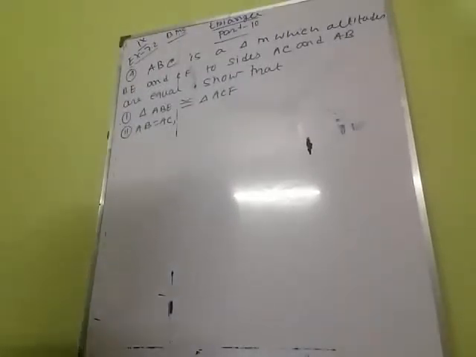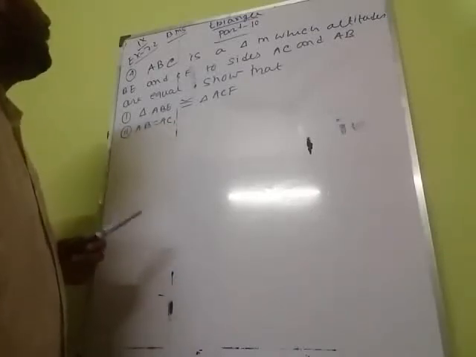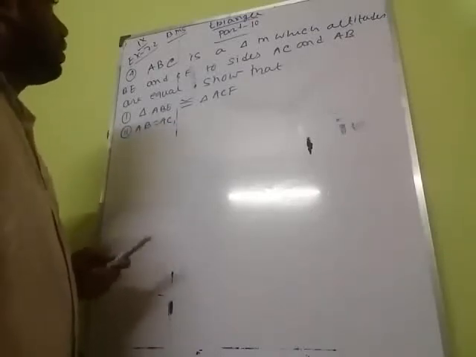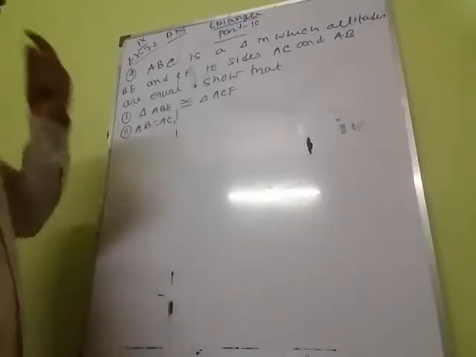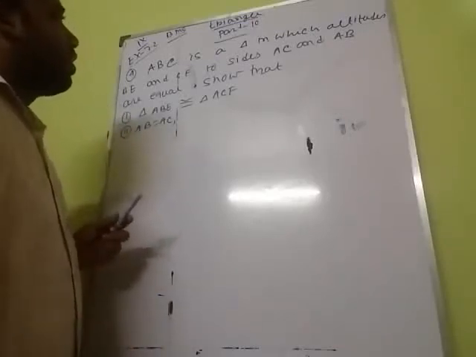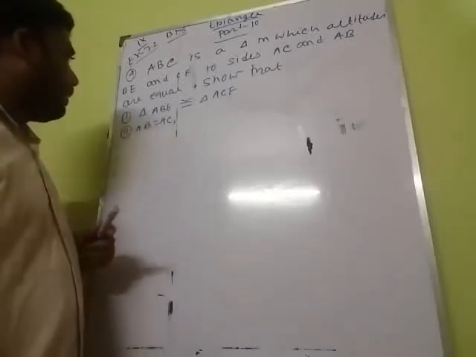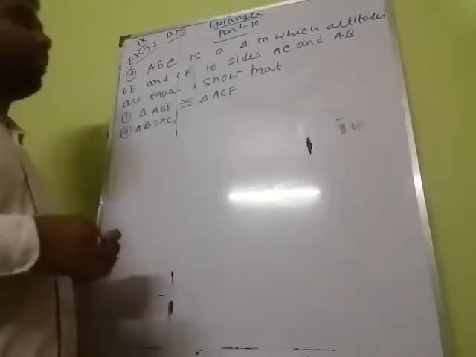The question is: ABC is a triangle in which altitudes BE and CF on two sides AC and AB are equal. Show that triangle ABE and triangle ACF are congruent, and AB equals AC.